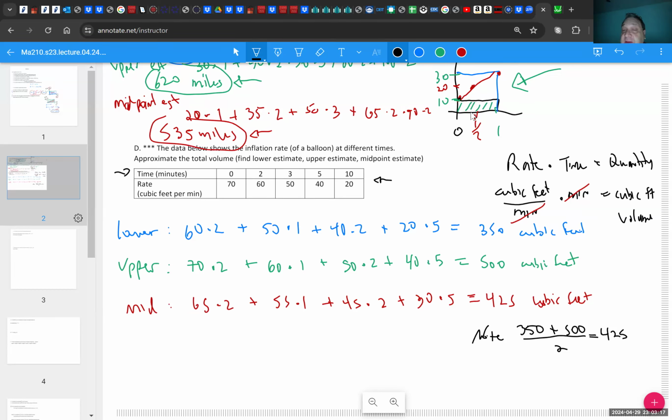And I also checked that the average of the lower and the upper is in fact the same as the midpoint. All right, so this was the video on approximating or calculating a quantity given some rate data. We can use that to either calculate or approximate more generally the quantity.